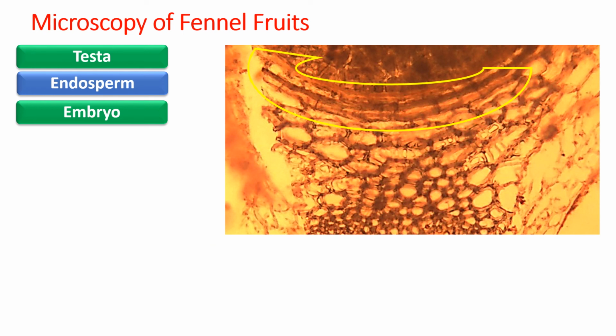Now as we go inside or towards the center, you will locate the presence of seed, and seed has all three prominent zones in it. The outermost is testa, which is made up of a single layer of flattened cells.